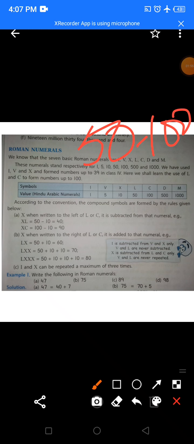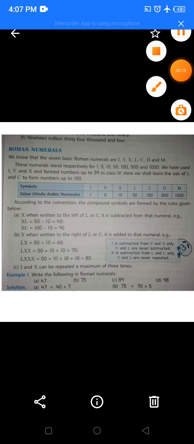So we will start learning Roman numerals from 50 to 100 and form numbers up to 100. According to the convention, the compound symbols are formed by the rules given below.